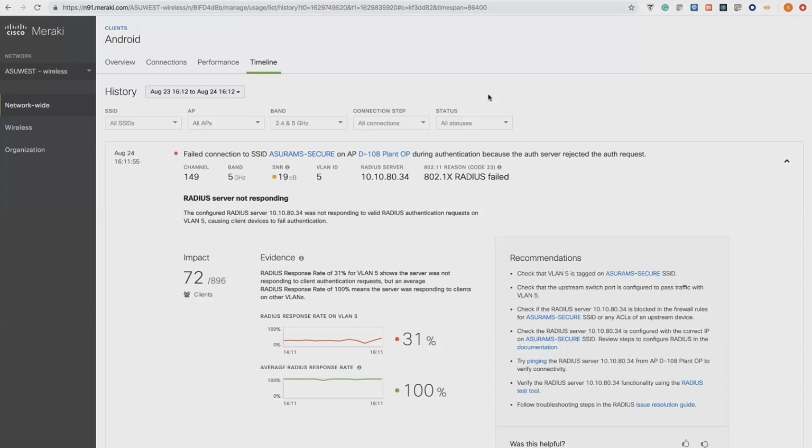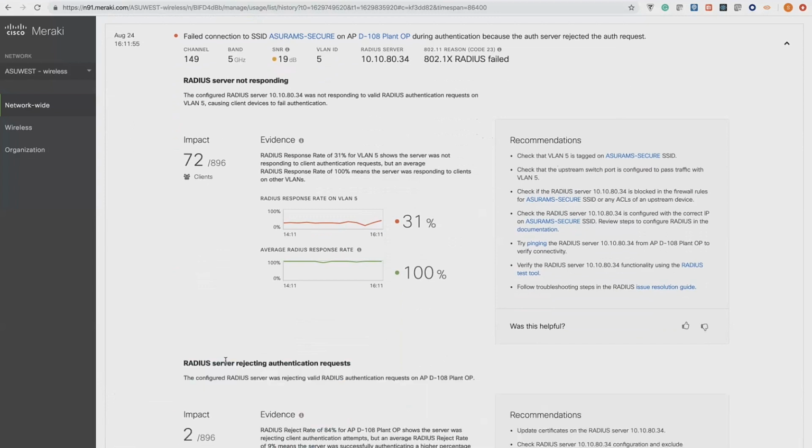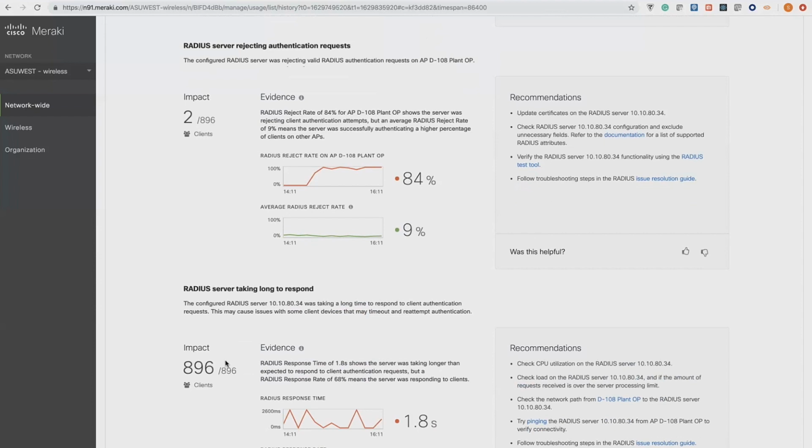Now, these recommendations change based on what we find, so it's going to be dynamically changing. For example, right now we're saying that there's a radius server not responding, but there may be two other potential causes. And so you can look at the data and see exactly what may be happening. The third one is interesting, right?